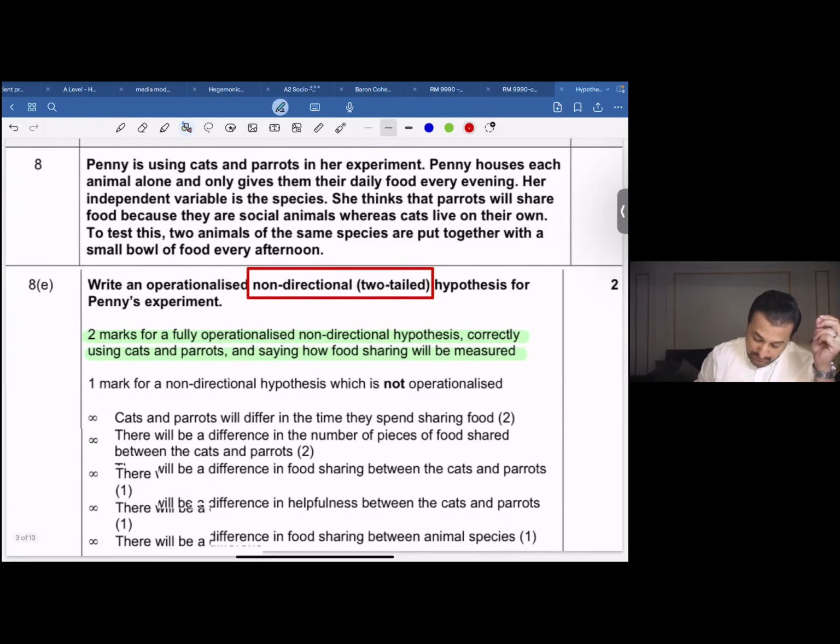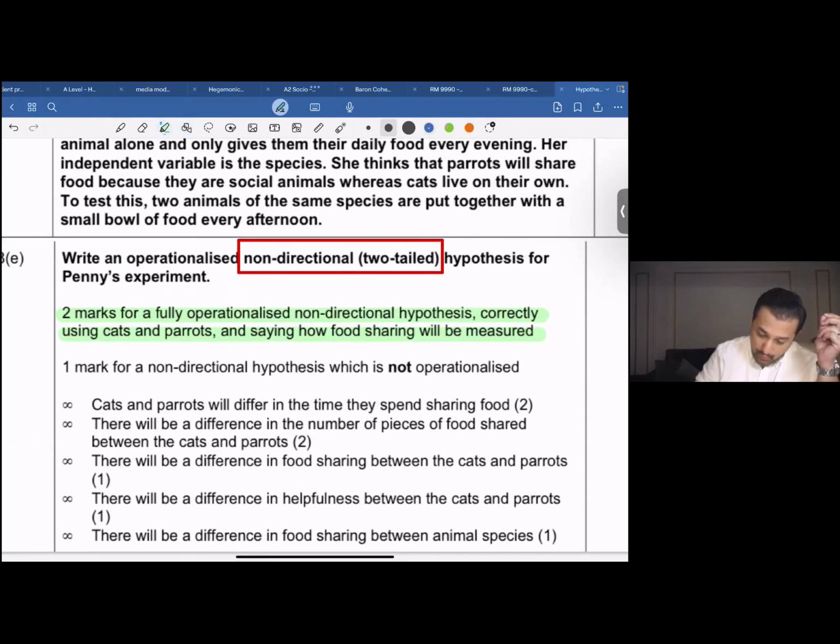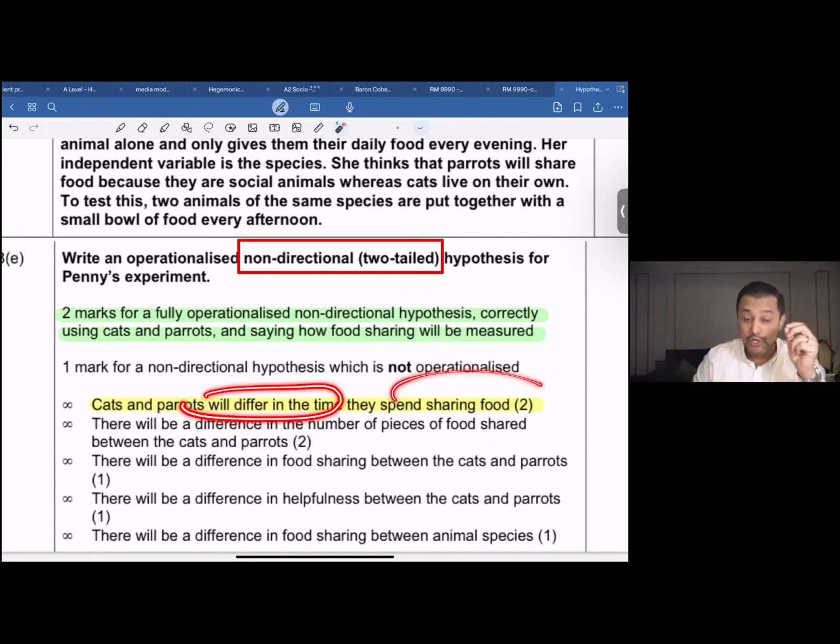So examples of this would be, number 1, cats and parrots will differ in the time they spend sharing food. Saying they would differ in the time they spend sharing food, you're not specifying which animal would be sharing more or which animal would be sharing less.